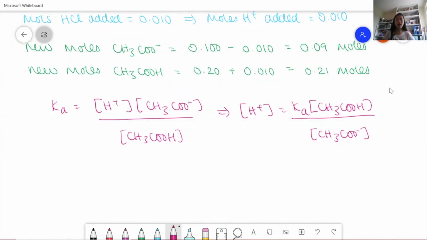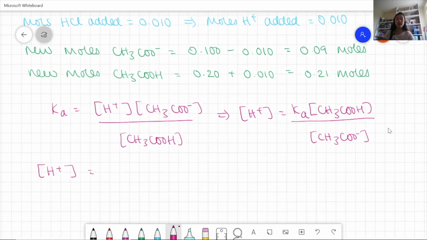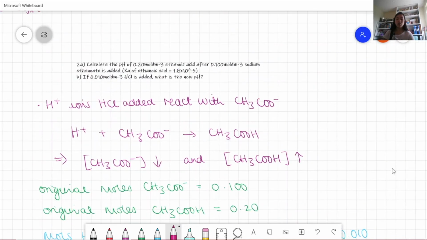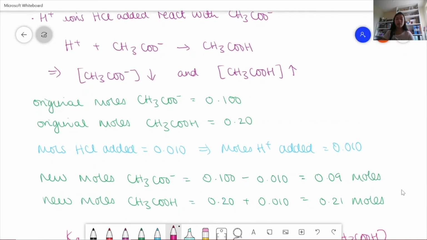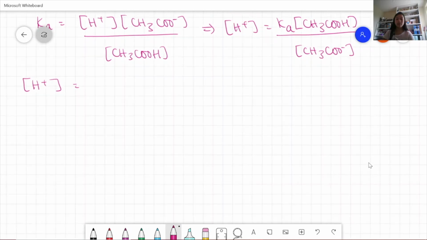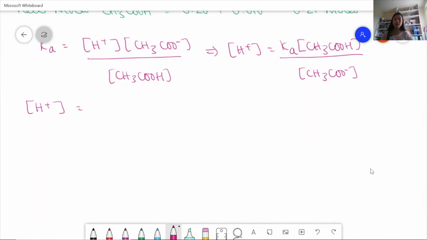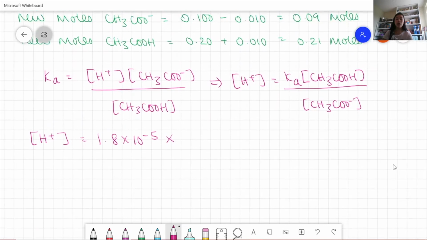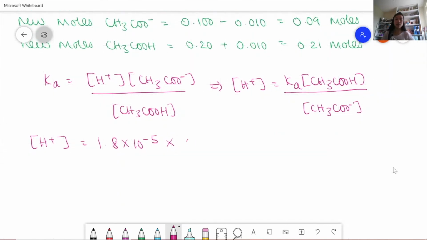And so what we do now is put all the numbers in. The Ka value in the question was 1.8 times 10 to the minus 5. So we have 1.8 times 10 to the minus 5 times the concentration of the ethanoic acid, which is 0.21.